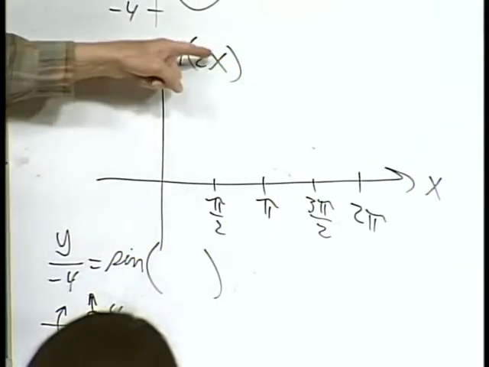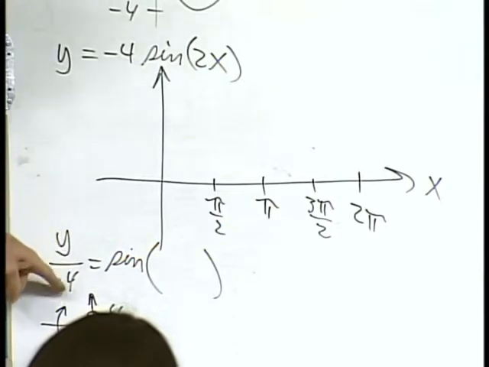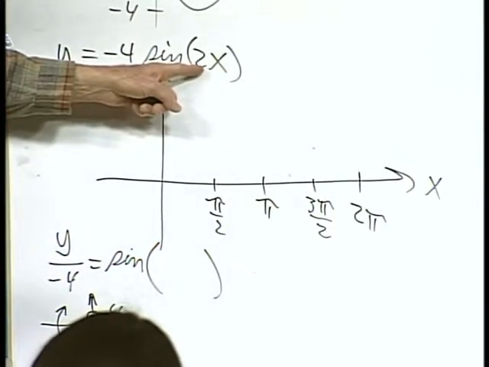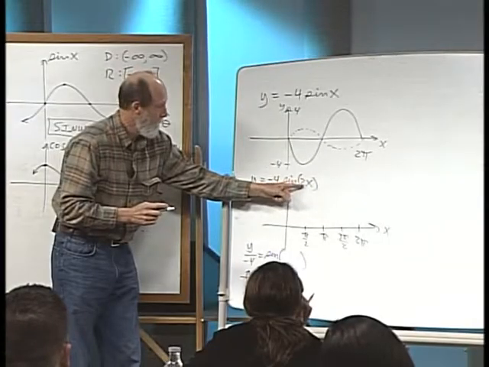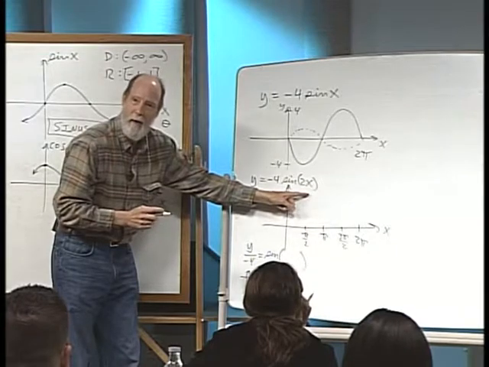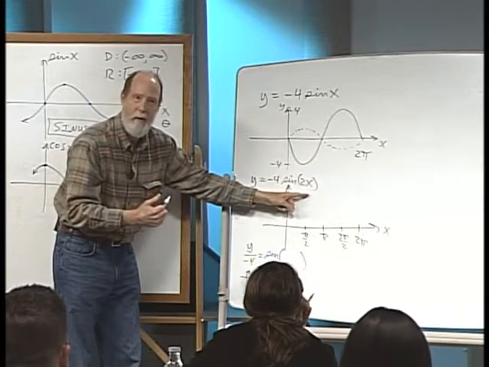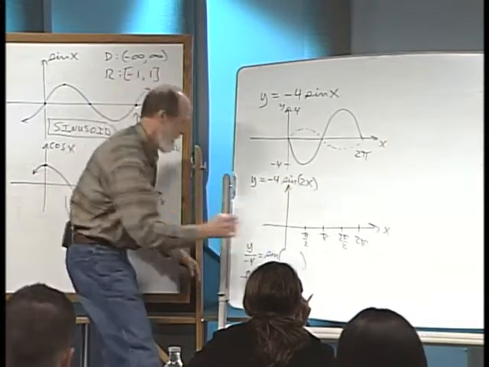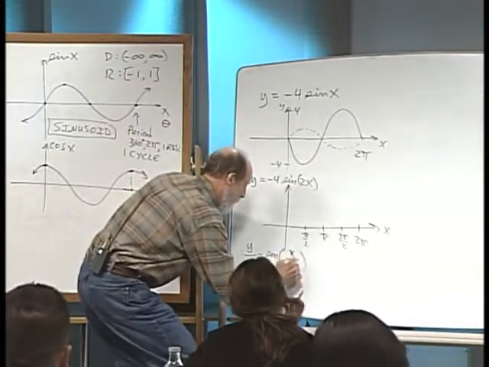So let's put this thing in a form that lays out just like you see here. That 2 right there can go down underneath the x as a what? Algebraically, or with arithmetic, it goes down as a 1/2 underneath. X over 1/2.